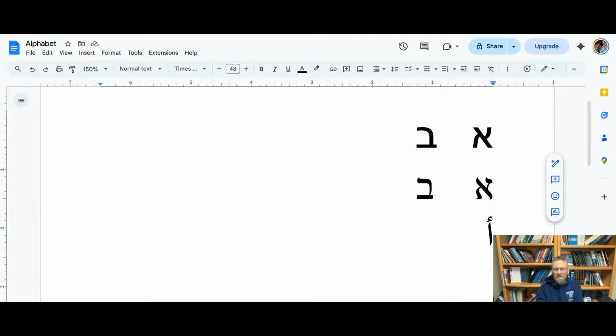What I mean by different realizations is that sometimes it's pronounced as B, as in boy, and sometimes it's realized as V, as in very. And we see this in Spanish to a certain extent. What we would call the letter V in English appears at the beginning of the word veinte, for instance.